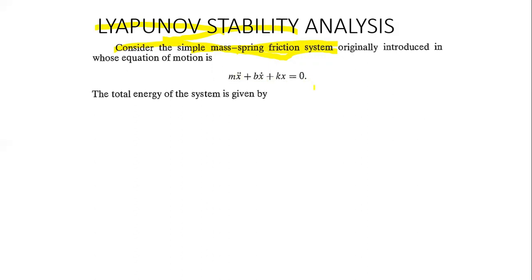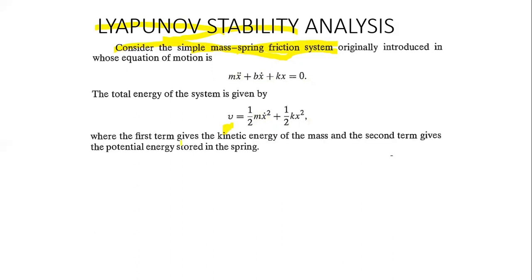The total energy of the system is given by U equal to half m v square plus half k x square, and if you take the derivative of this total energy, you will get U dot equal to (m x double dot plus k x) times x dot, taking x dot in common.